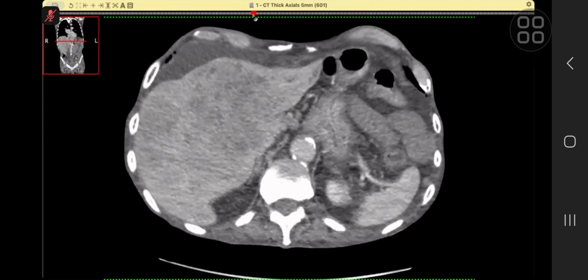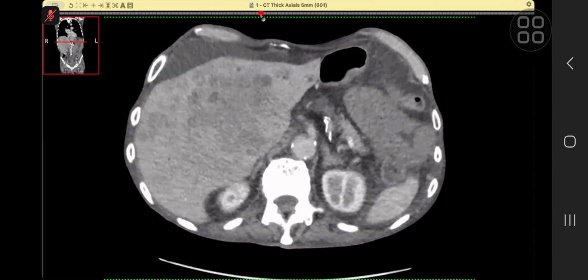Sir, am I supposed to see the abdomen images as well? Yes, please. Okay, sir.